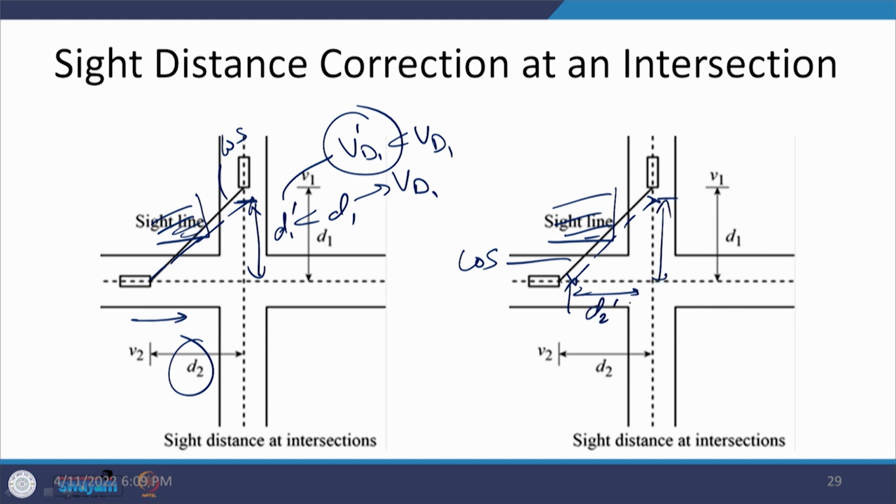So, this is d2 dash and this is d1 dash. In both cases, I am going to place a sign here as well as a sign here, which defines that the speed limits are being imposed. So, this is how we can calculate the sight distances under different conditions as well as at an intersection.